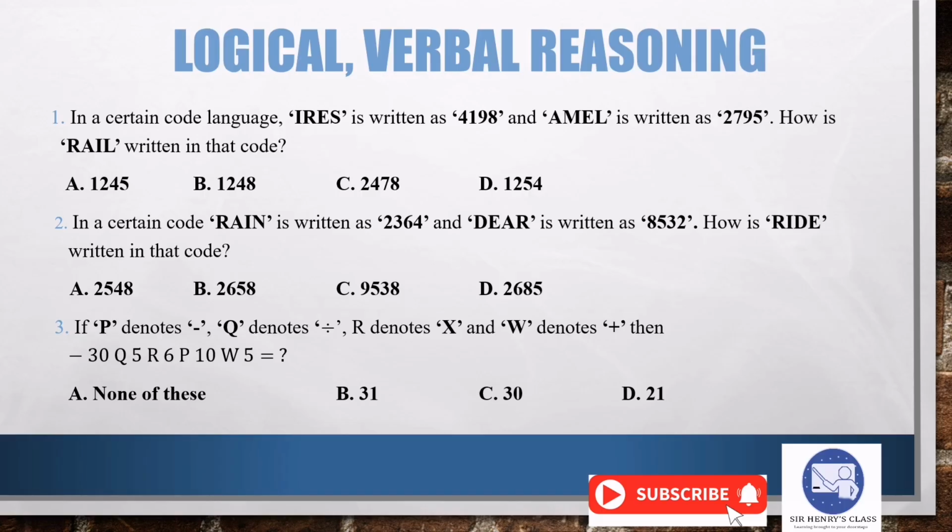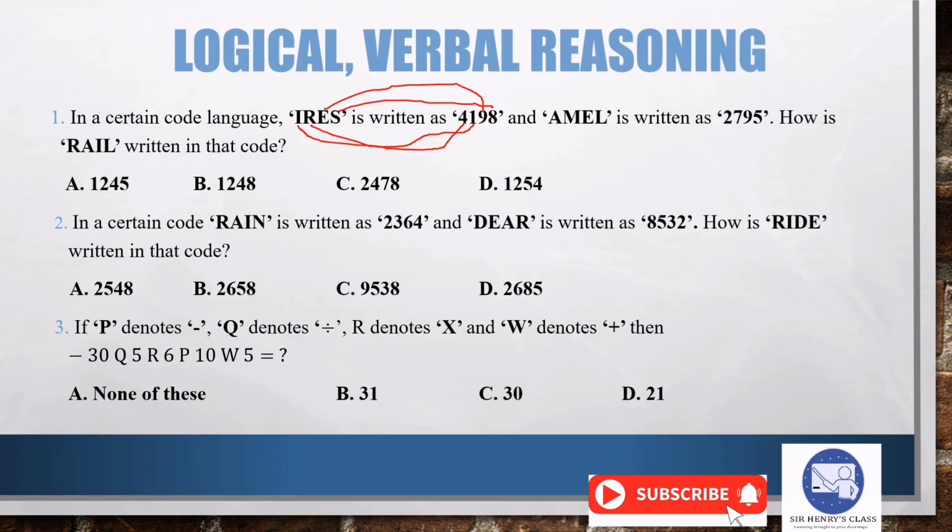So IRES simply means that I is mapping to 4, R is mapping to 1, E maps to 9, and S maps to 8. So it means anywhere you find I, it is 4. R mapping to 1, E mapping to 9, and S mapping to 8.